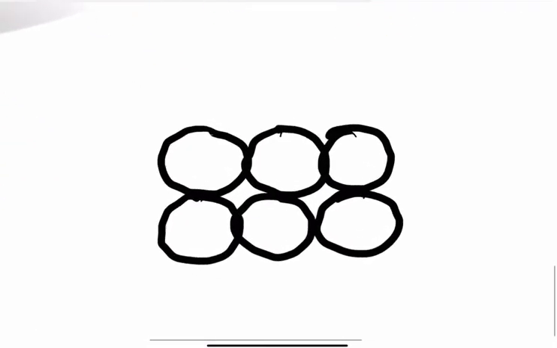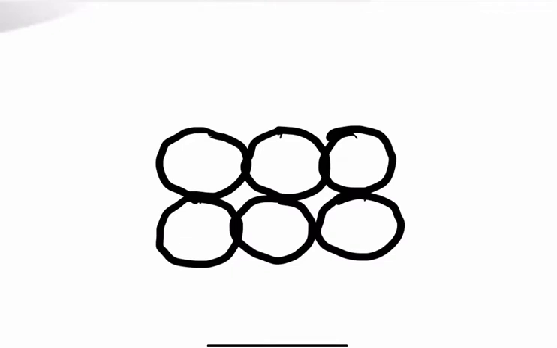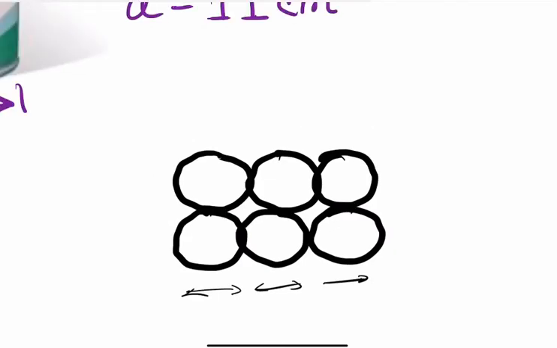Never mind my drawing here, but you see what's going on there? It can fit 3 cans lengthwise. Here's one can, here's another can, there's another can. What we just figured out was that a can has a diameter of 11 centimeters. Well, so is this can, 11 centimeters, and so is this can, 11 centimeters.